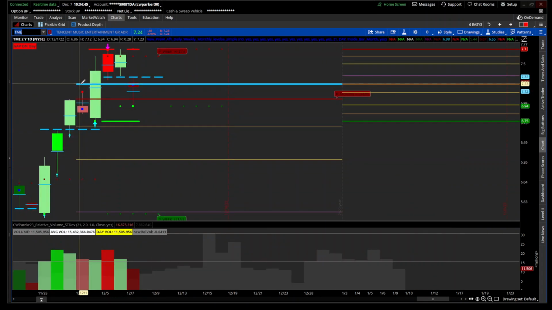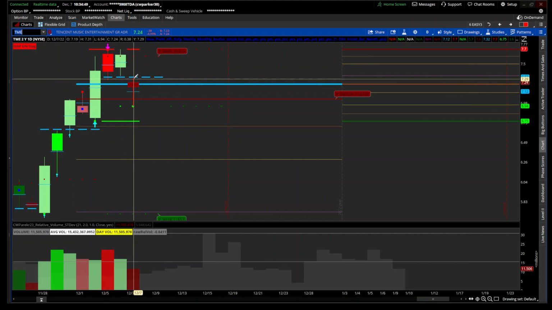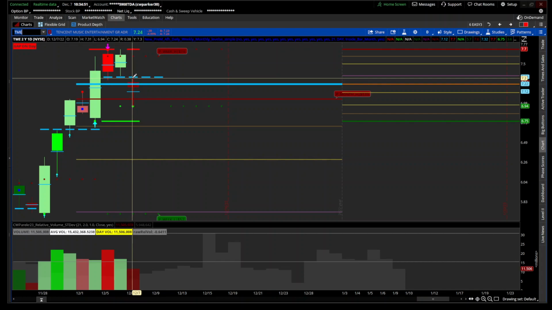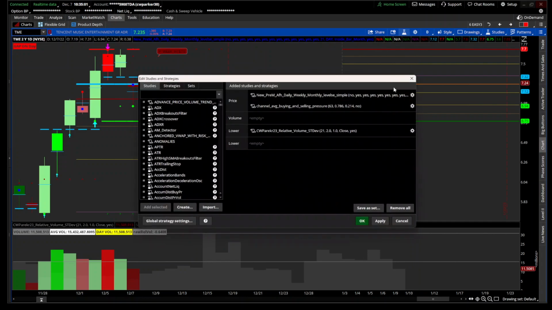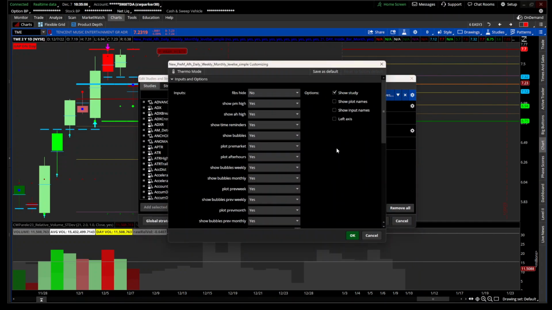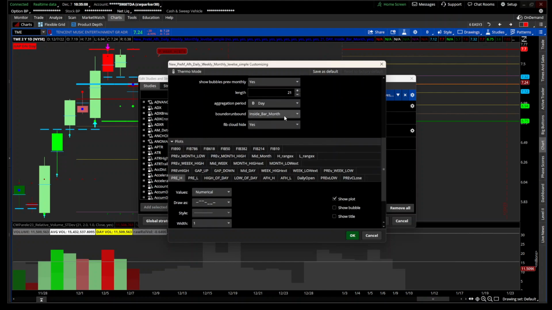Here is our midpoint for the month. Here's our midpoint for the day. Here's our midpoint for this week. So it would really look nice if it got back above this midpoint for the week, which is 730. So I would actually just take the fibs off, or I would adjust the fibs to the unbounded version, a 21-day or a 63-day version.